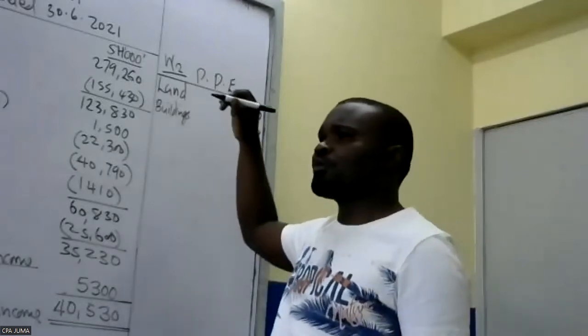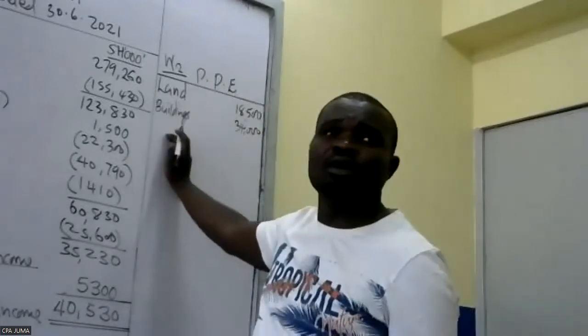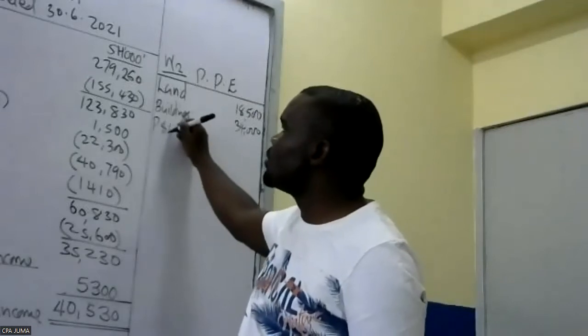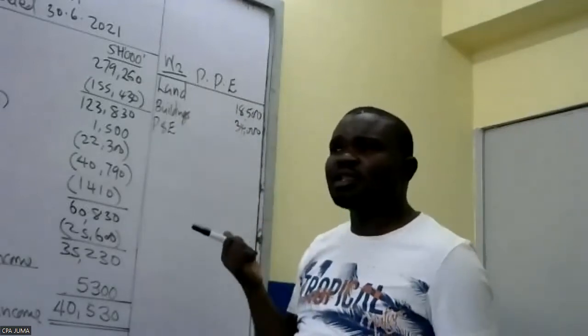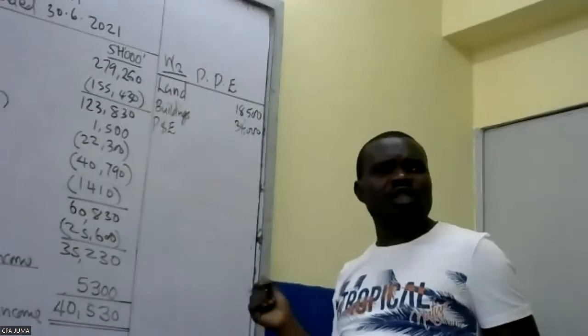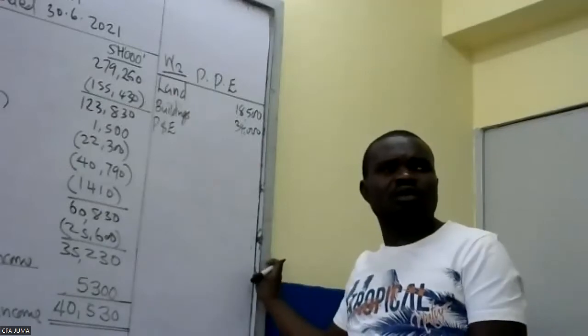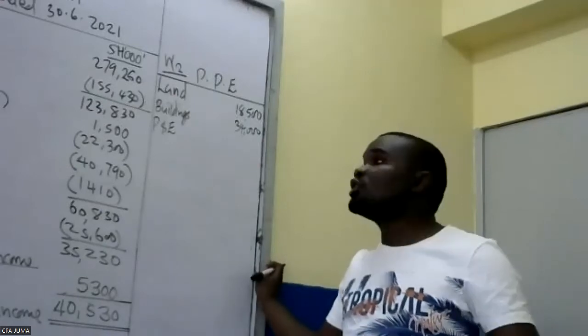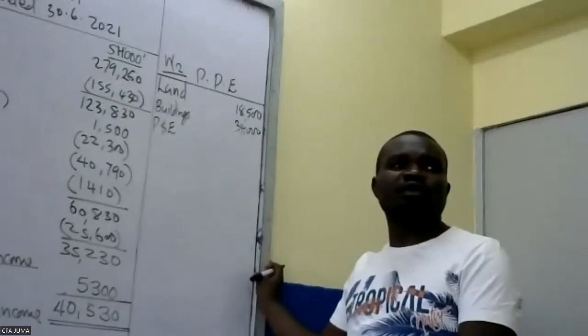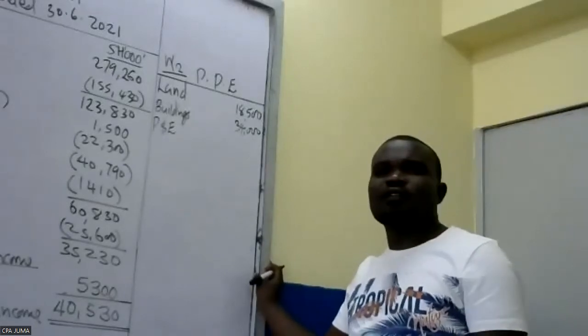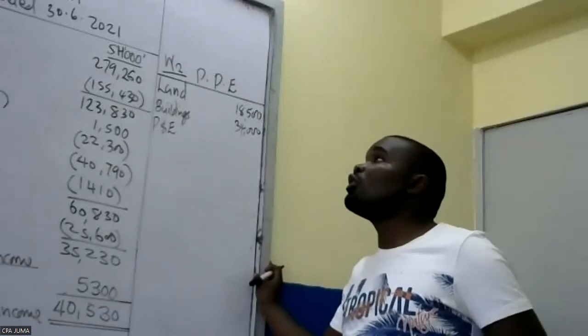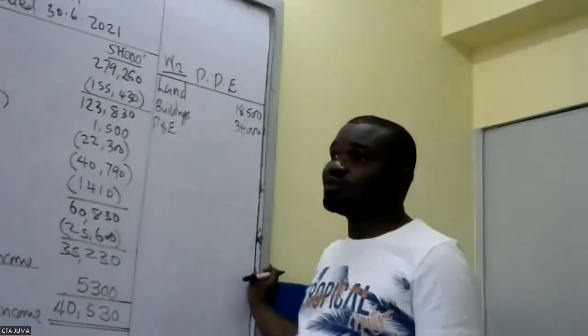So for plant and equipment, we find the value. What was the book value for plant and equipment?